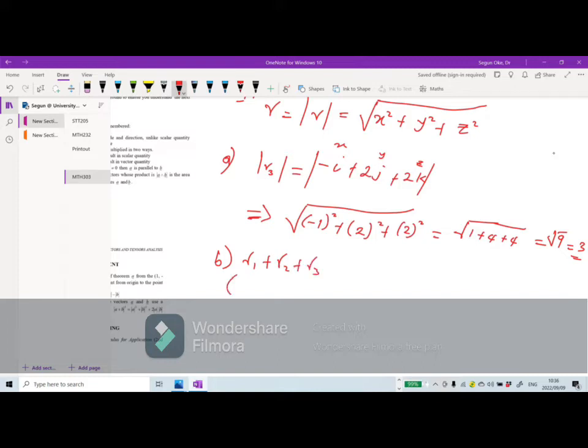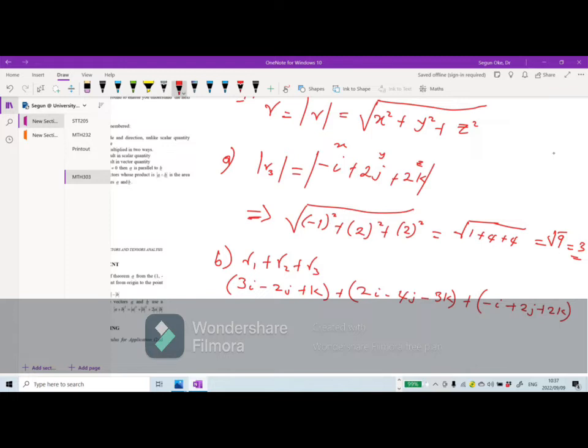So let's take our R1 to be 3i minus 2j plus k, plus 2i minus 4j minus 3k, plus minus i plus 2j plus 2k.